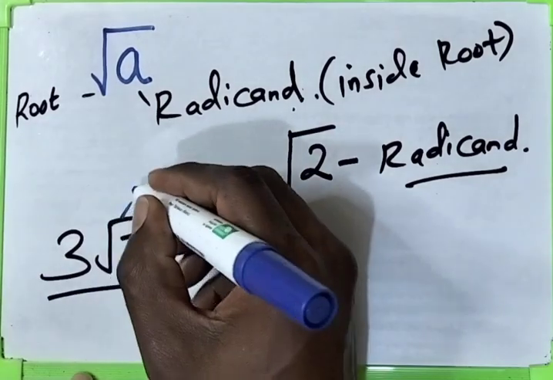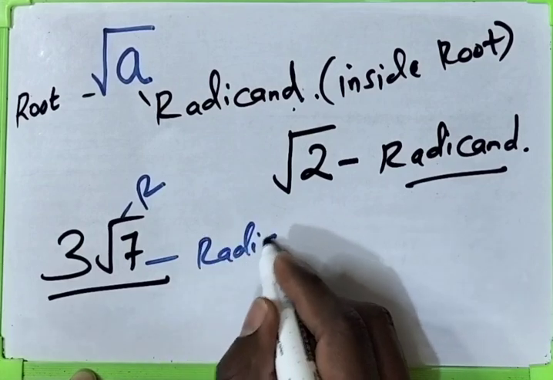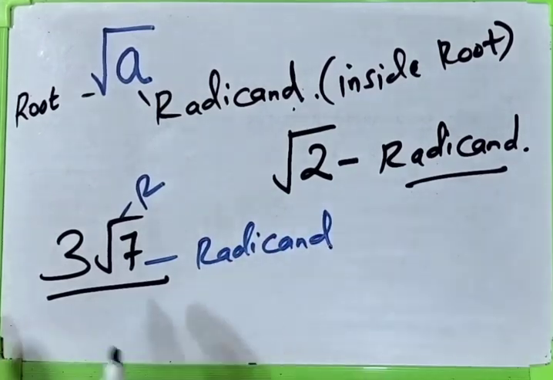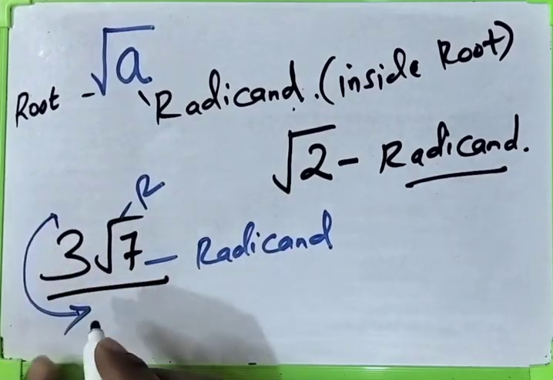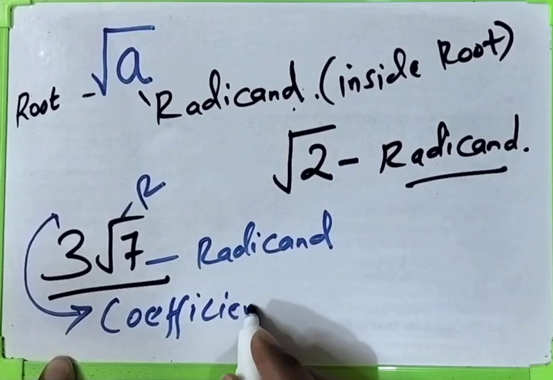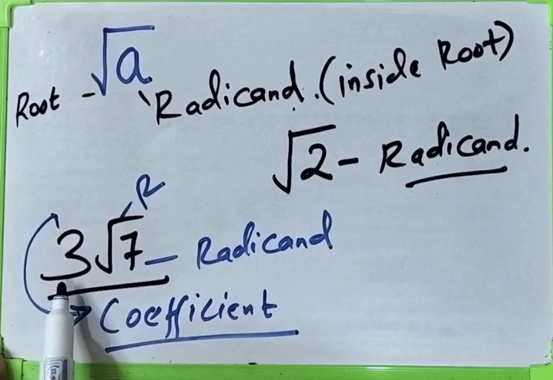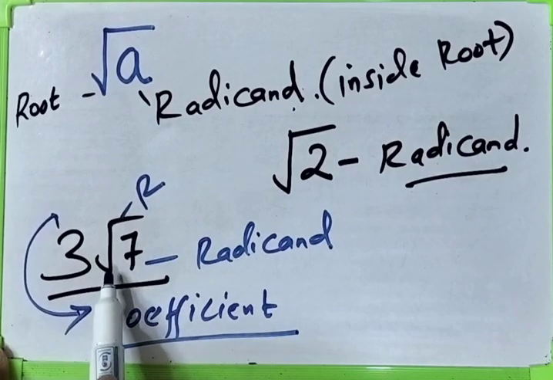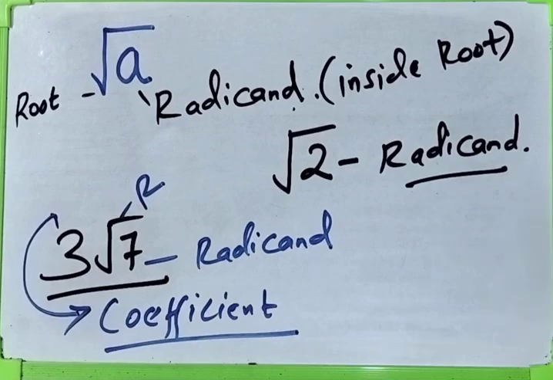This one is a root, 7 is a radicand, and 3 is called a coefficient. So you need to master those three.